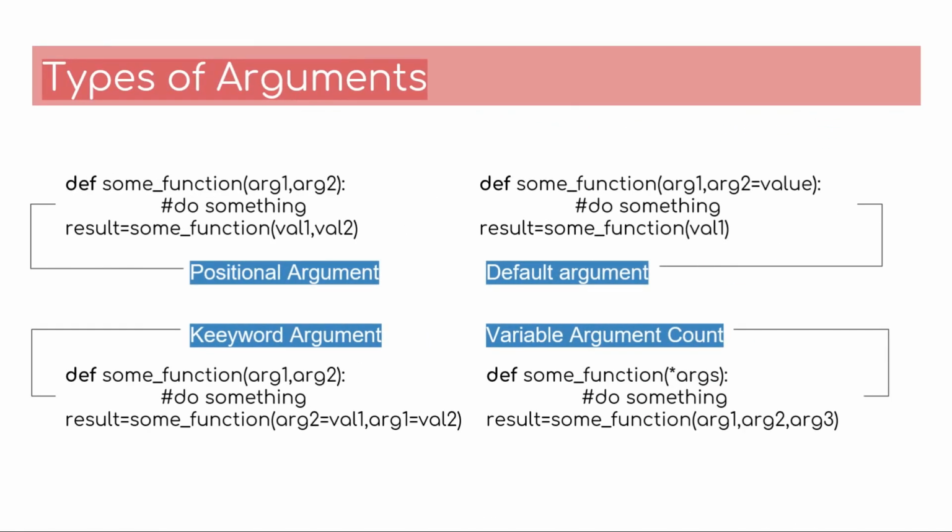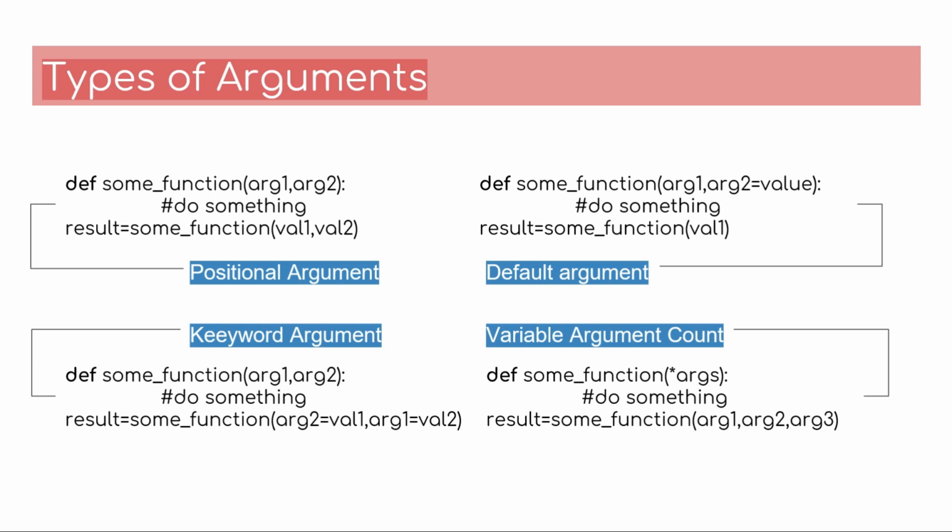So the types of arguments available are positional. Let us say you pass some value from here and it got copy pasted over there. Similarly, default argument. If you do not pass any argument, it would take the default value. If you remember, we have used the print function.